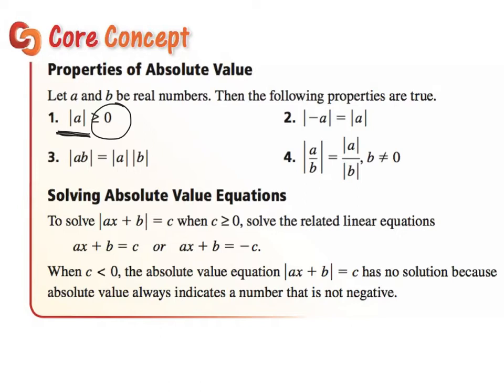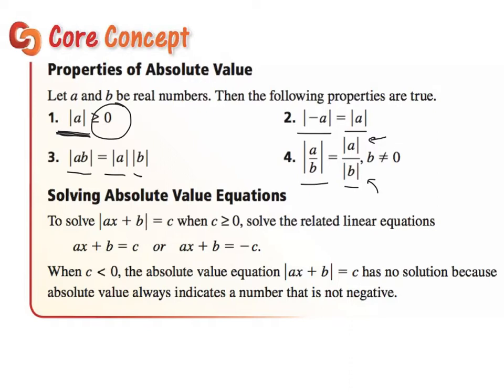We know that the absolute value of negative a is equal to the absolute value of positive a. We can separate it in that the absolute value of ab is equal to the absolute value of a multiplied by the absolute value of b, and we can also do the same for division.